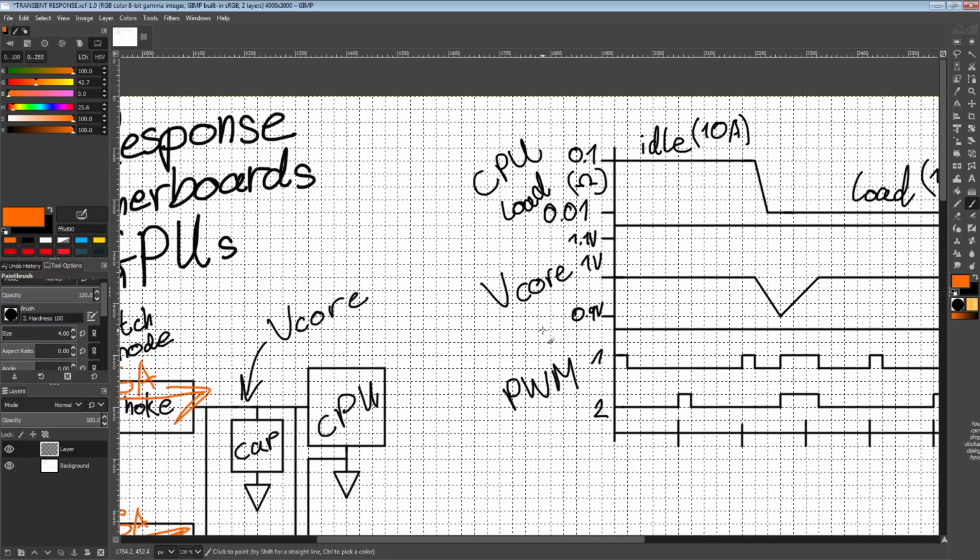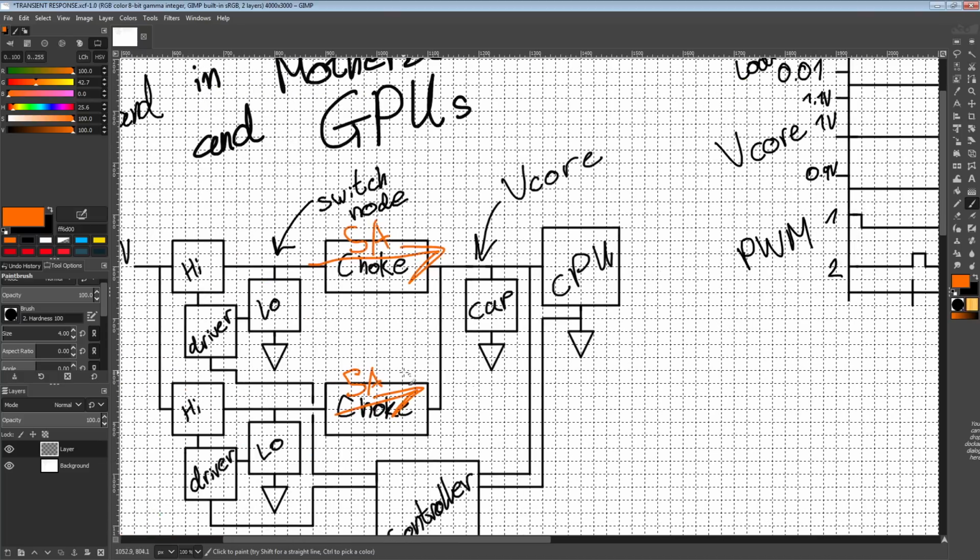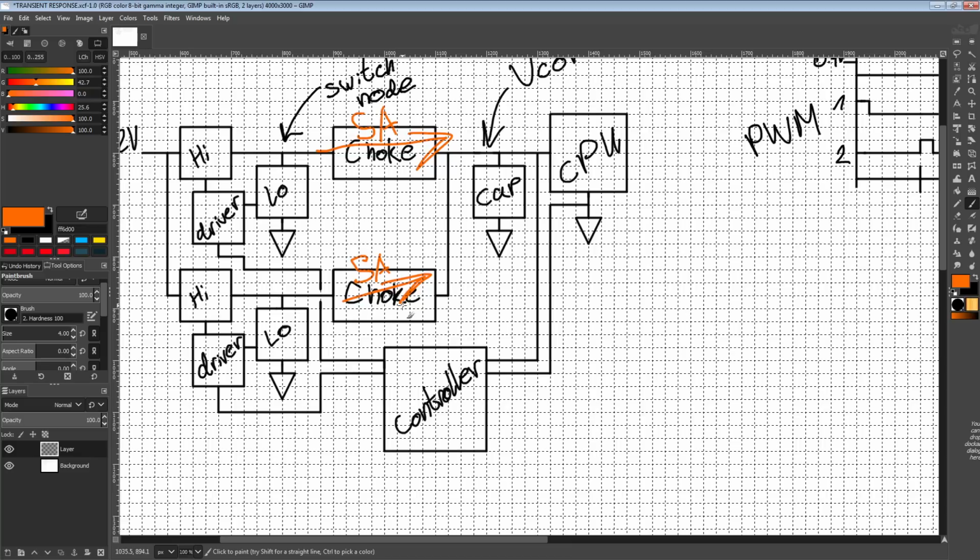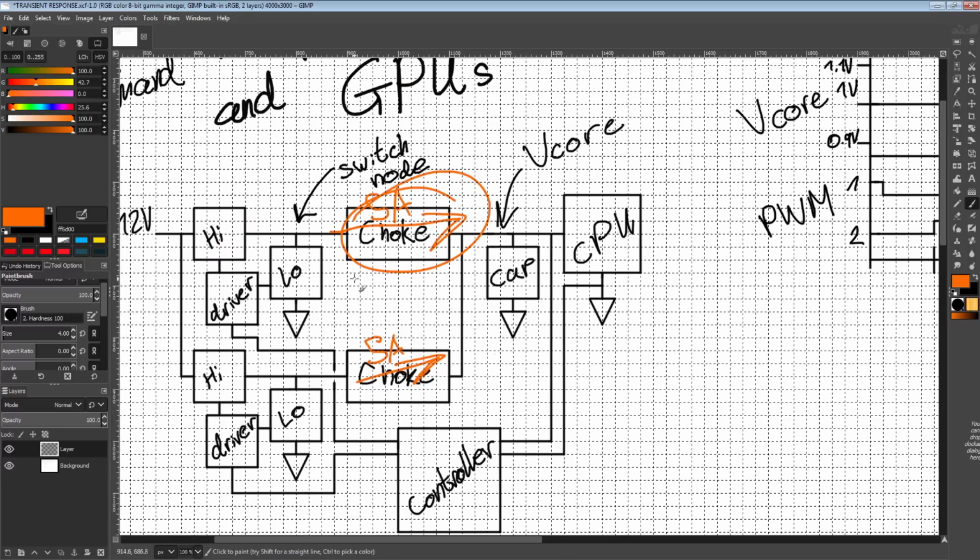So the problem right now, when the CPU goes from relatively high resistance to low resistance, is that there's no extra energy. There's just nowhere to source more current from. Both of our inductors are essentially configured right now to provide 5 amps, and until you turn on the high side MOSFETs, they will continue to provide only 5 amps.